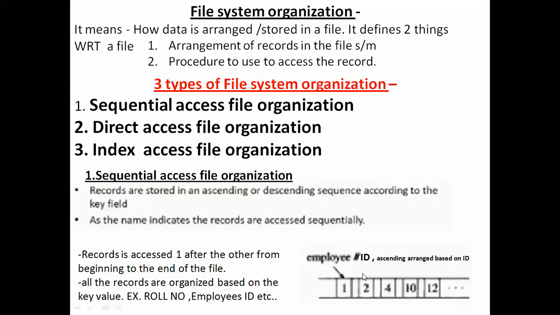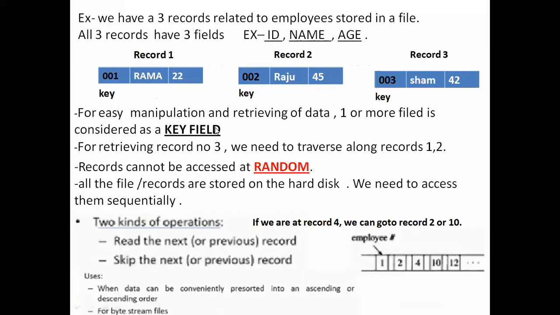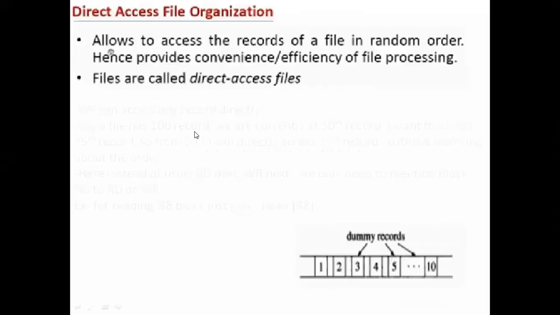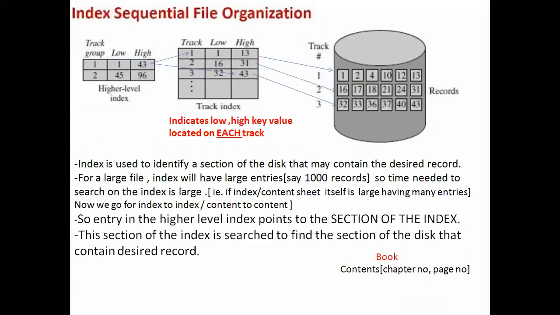The main difference between sequential access file organization and direct access file organization is the use of something called dummy records. And you can have this figure for the index sequential file organization.